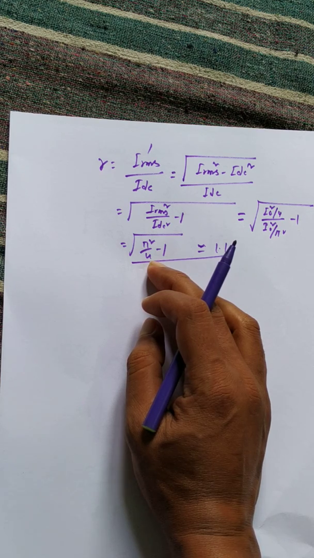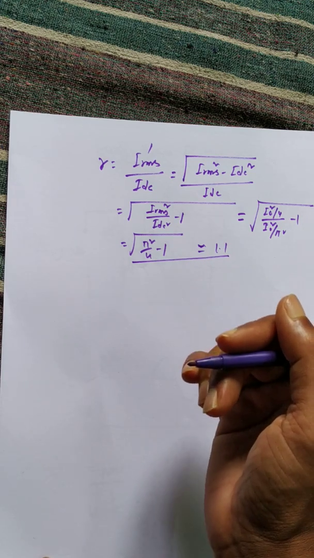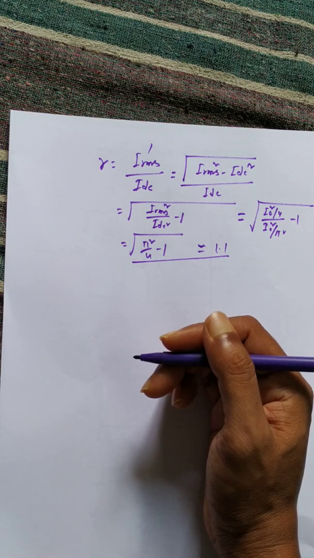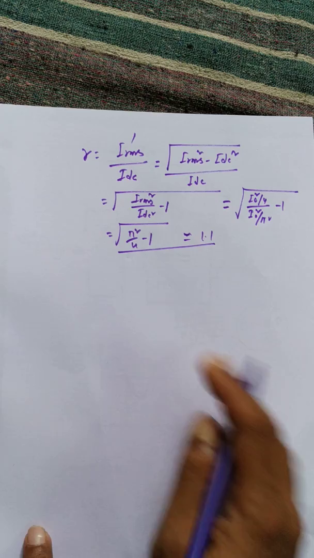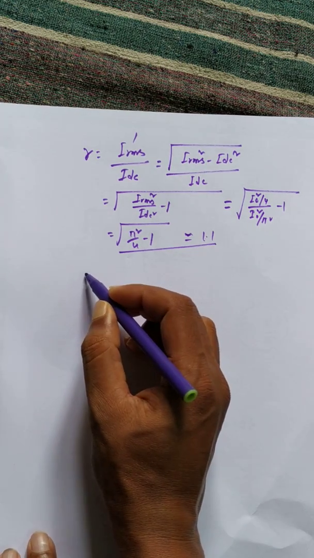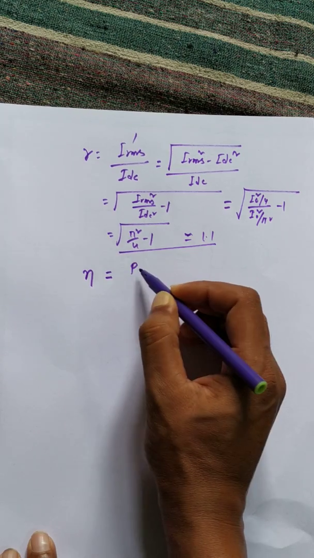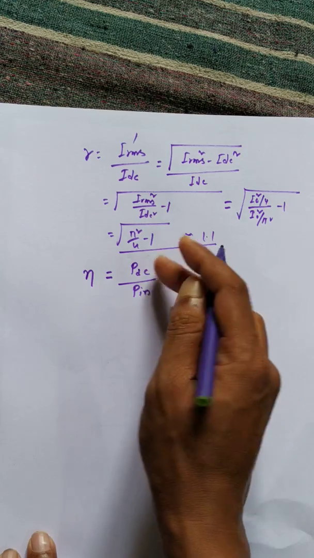So in most cases we use the full wave rectifier for rectification, and I will discuss the full wave rectifier in the next class. Now I want to calculate the efficiency of rectification. Efficiency of rectification is PDC by PAC.